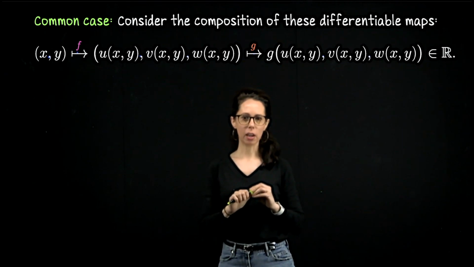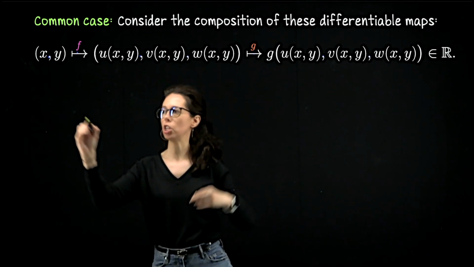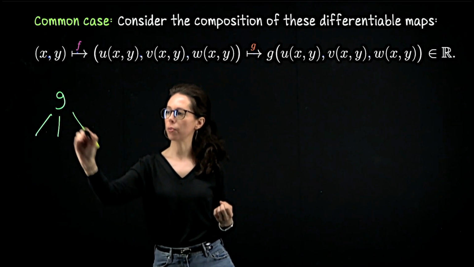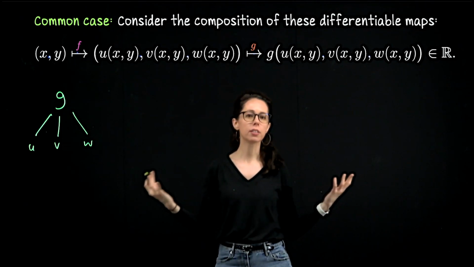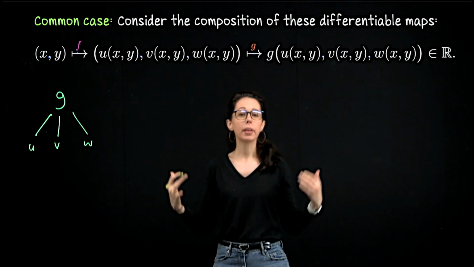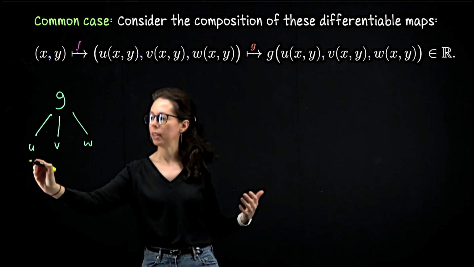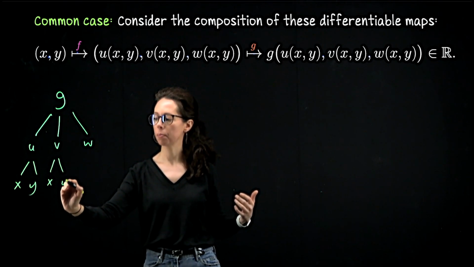What I actually am trying to describe with this composition is the idea that this function g, which is scalar valued, depends on, say, three coordinates, u, v, and w. So g is a function of three coordinates. But now imagine that the coordinates I want to evaluate g on each individually depends on, say, x and y.